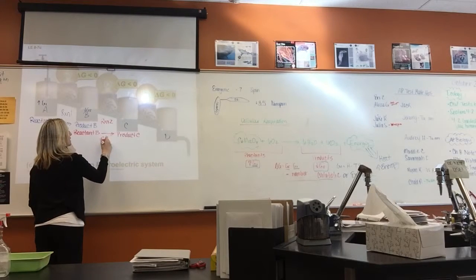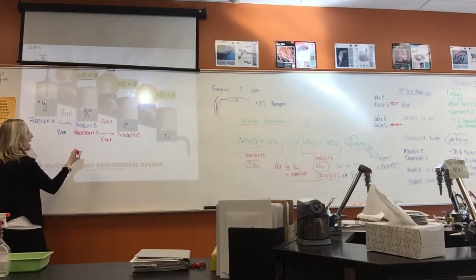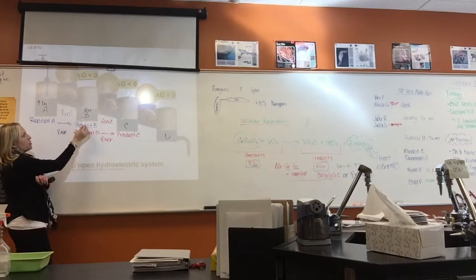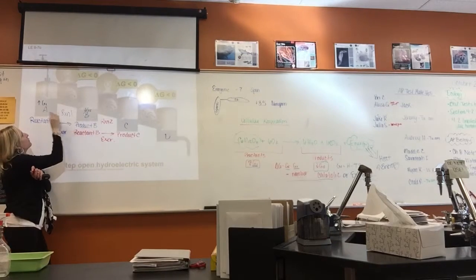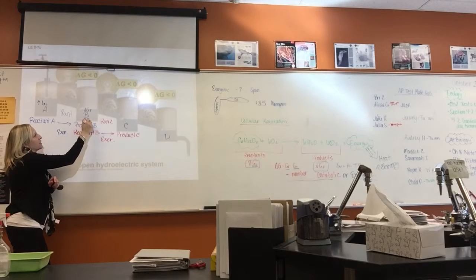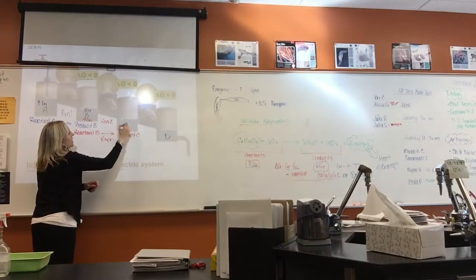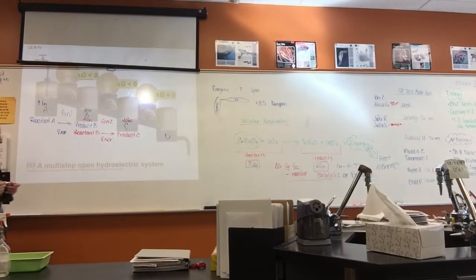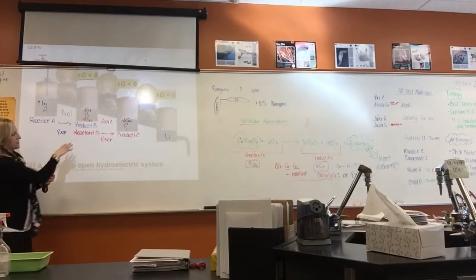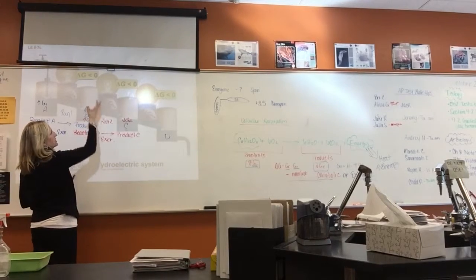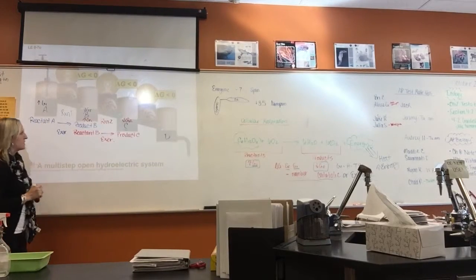And so this is an exergonic reaction as well. Why? Because even though product B had lower free energy than A, it has a higher free energy than product C. And so, therefore, it's exergonic, more energy is released, and we have a second light bulb lit.